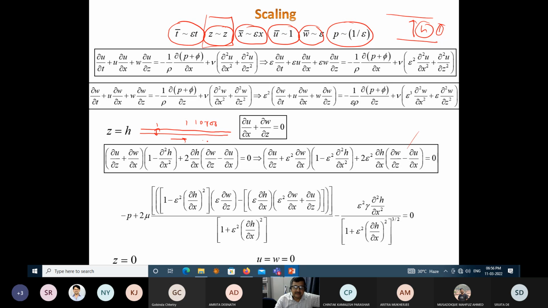Is it large or small? Large. So in order to have a parameter equivalent to z, I say that X bar is nothing but epsilon X. X is large, so I put an order of magnitude epsilon so that it becomes equivalent to z.